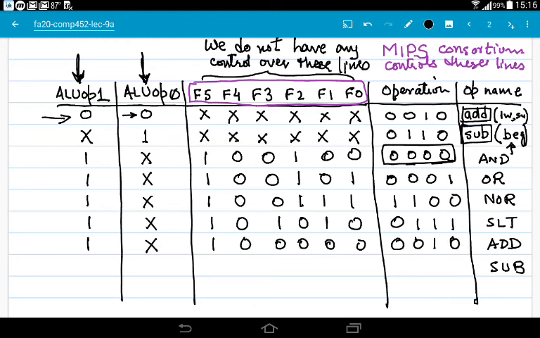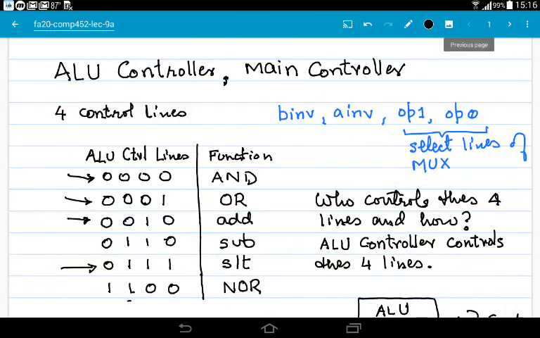And finally, the function code for subtract, SUB, is hex 22. And we go back here, and what should be the bits for subtract? 0110.